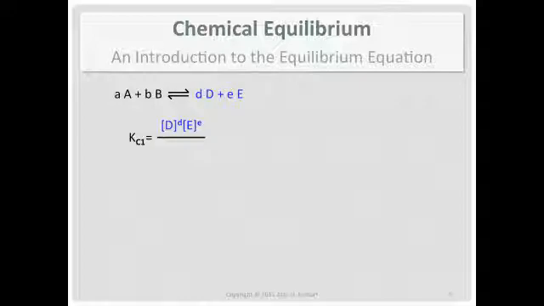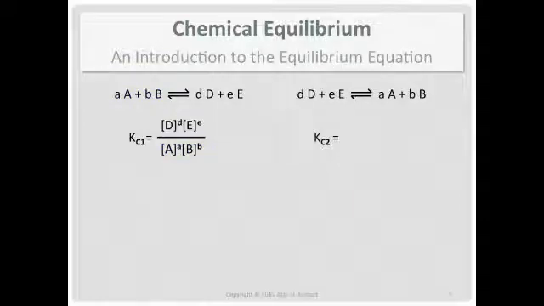And see in the numerator, I didn't go plus in there, did I? It's multiplication. The reactants, you take those and you put them in the denominator. So it's always products over reactants. And then you use the coefficients in the chemical equation for the powers.